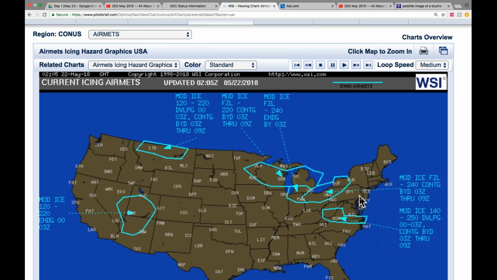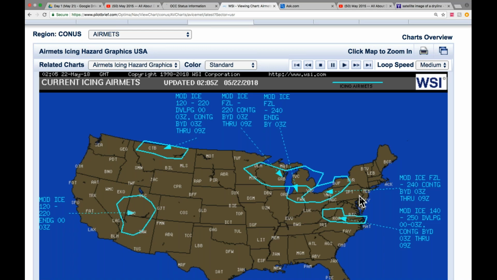Just because it's forecast doesn't mean it's necessarily going to happen or is happening. So we can still fly through them, but once we see a severe icing report, at that point we have to go around that area. Typically when you encounter severe icing, your immediate reaction as a pilot is to get out of it.